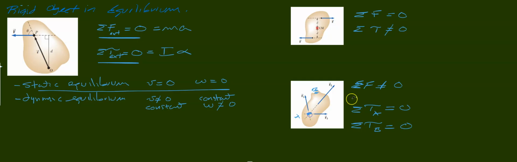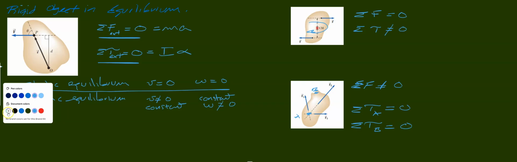So there you go, an interesting scenario. In this case, the peanut will have translational motion, but no rotational motion. In this one, we'll have rotational motion, but no translational motion.